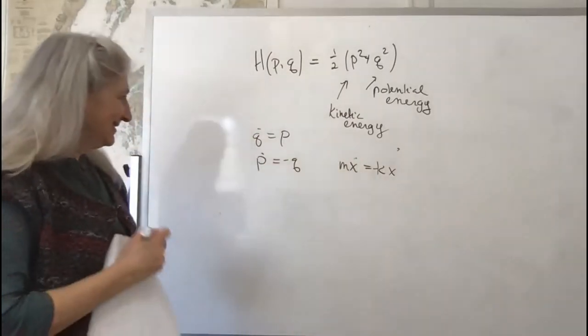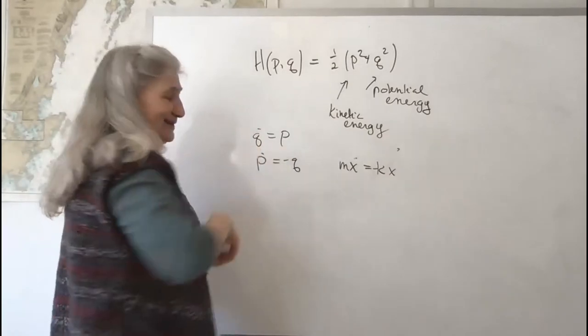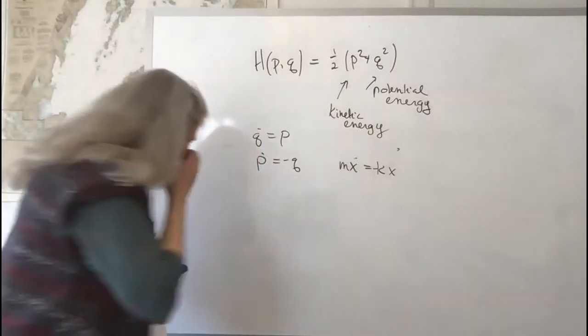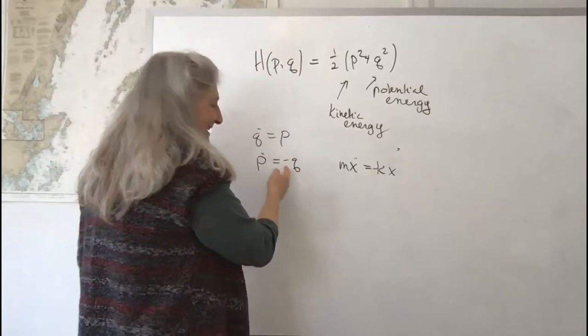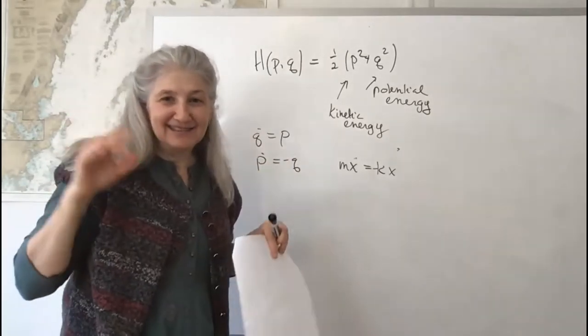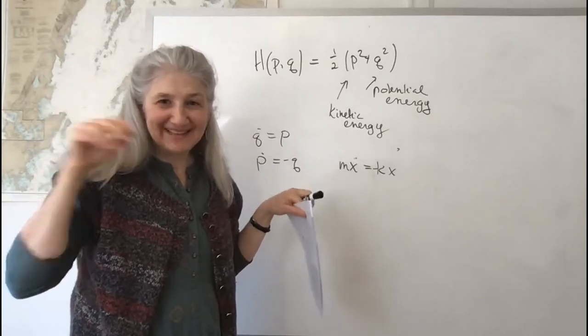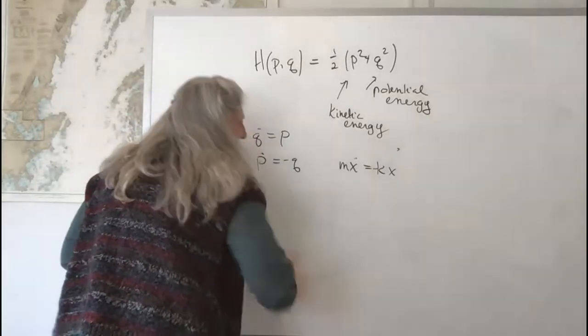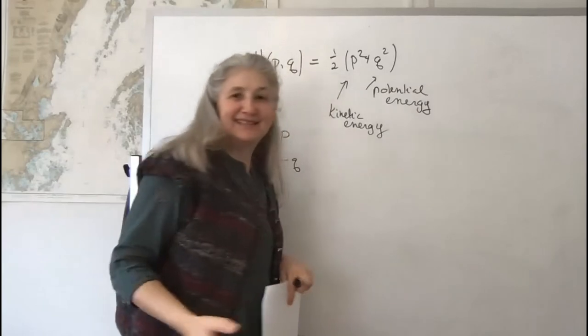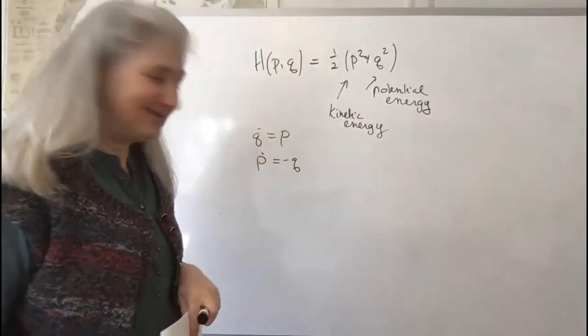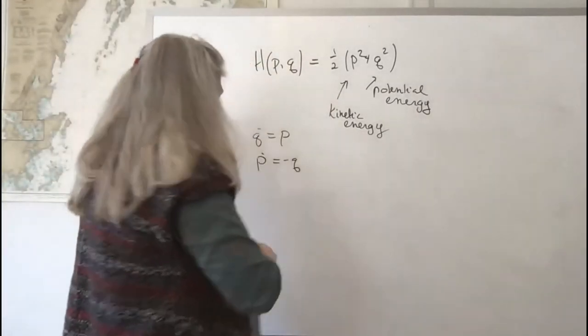This is really nice and symmetrical, with the minus sign. That minus sign makes it what's called symplectic. Mathematicians like to talk about symplectic manifolds, things that have the minus sign.